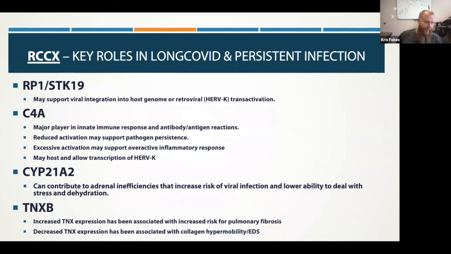I think it's going to be one of those long-term effects in response to COVID. And then decreased expression has been associated with collagen or tissue hypermobility and EDS. I think that could play into maybe enhanced tissue degradation or even something like blood-brain barrier dysfunction if we looked into that a little bit more too.